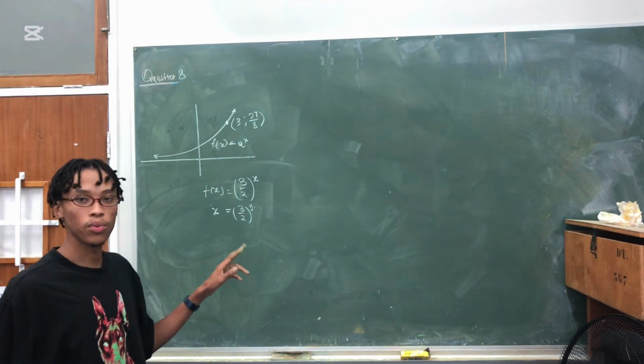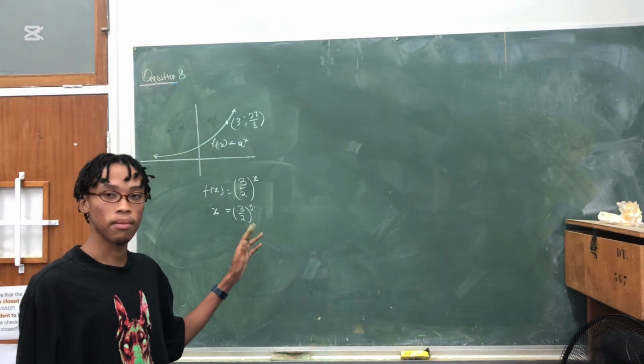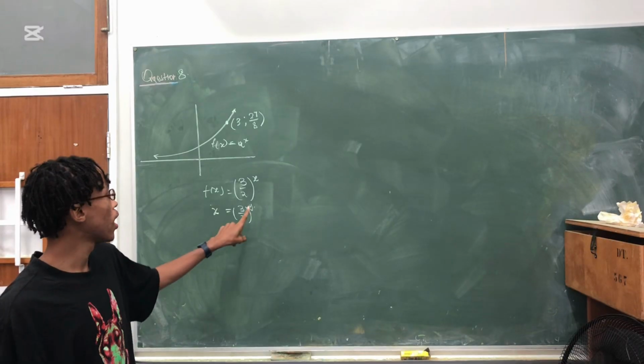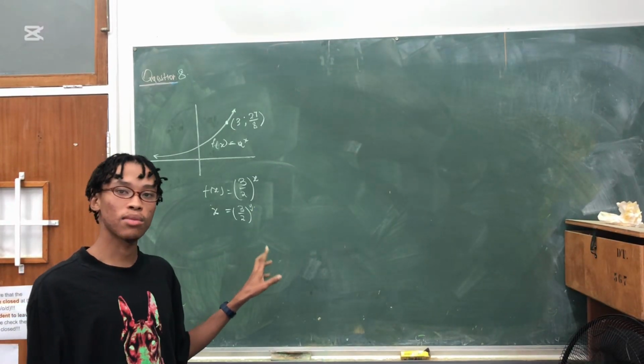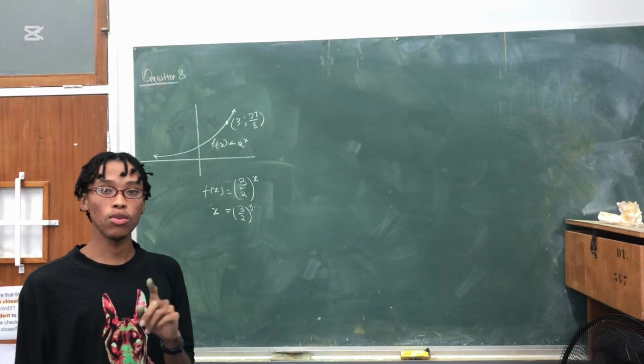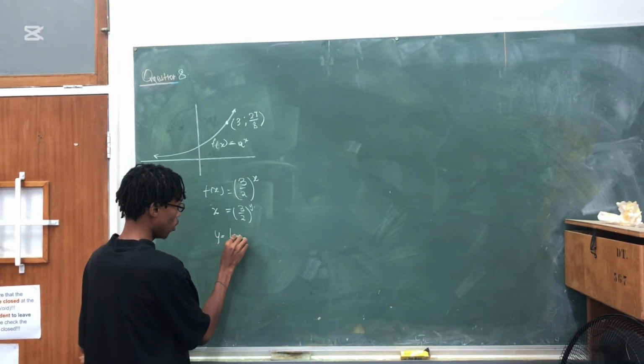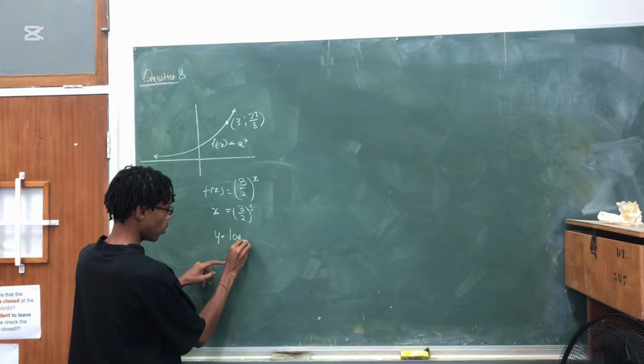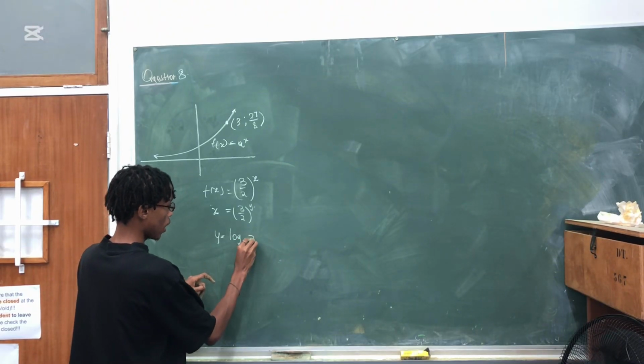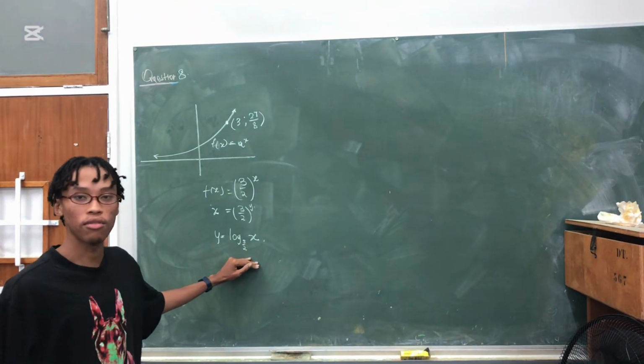Now from this point, we're trying to solve for y, make y the subject of the formula. And because the y is occupying the exponential region, we're going to use our logs. Y is equal to log, our base is 3/2, and then x. This is our inverse function.